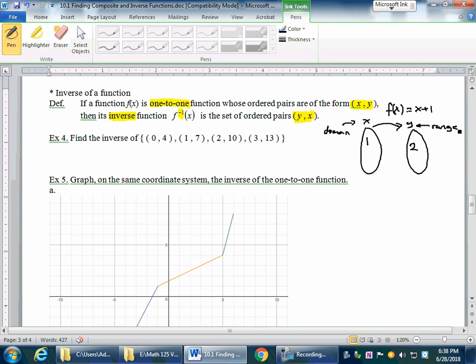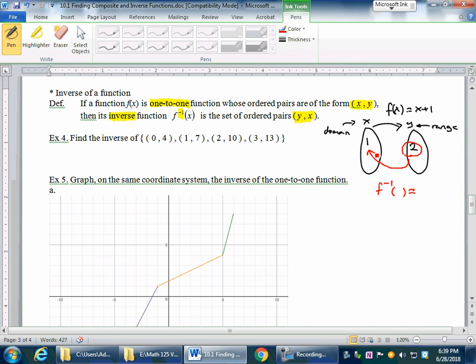But when we talk about the inverse function, we are basically trying to go backward. So in the inverse function, we need to substitute this value 2 into the formula so that I will get back 1.